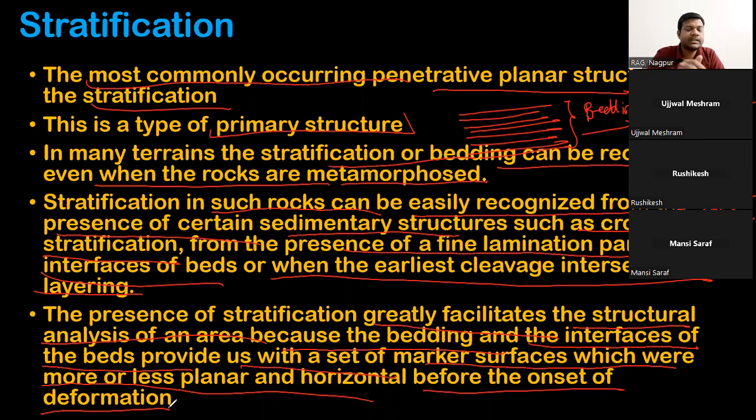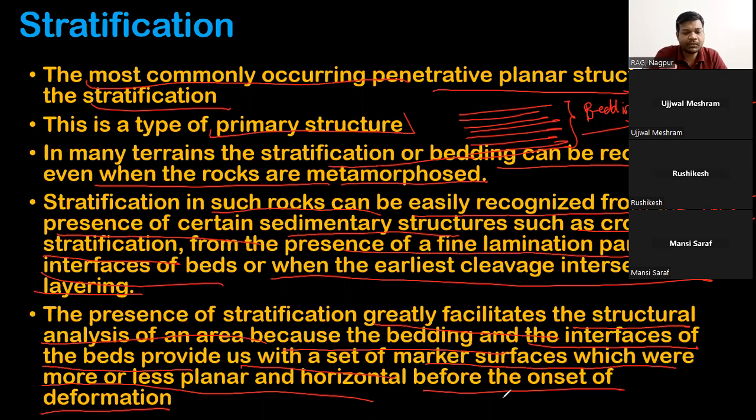even if the structures are deformed, it will retain its original stratification, and this original stratification will give you the clue about the original horizontality or the original planar nature of that rock.